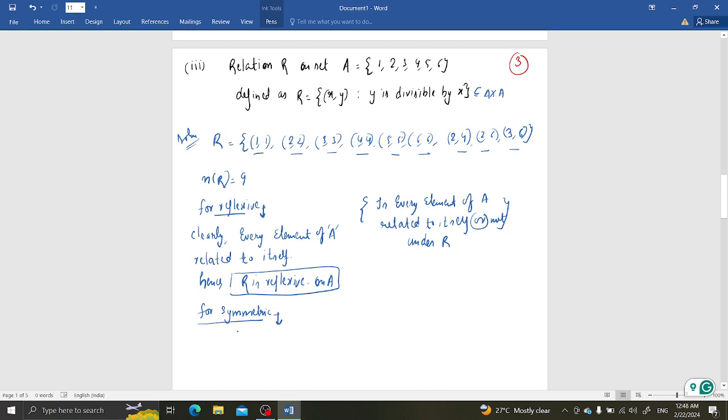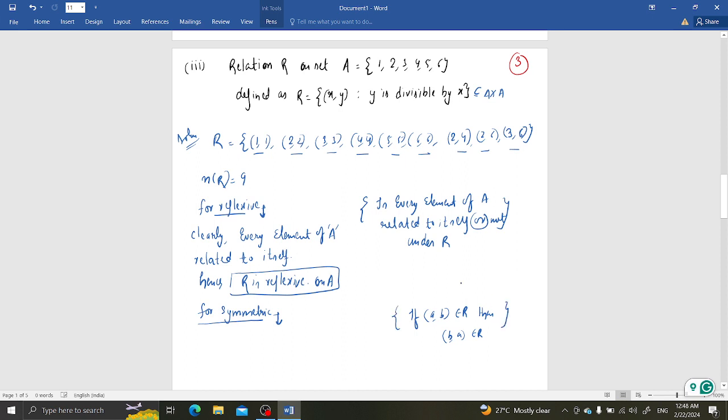Now for symmetric, how we can check? For symmetric, if A comma B belongs to R, then B comma A has to be in R. That is the condition.